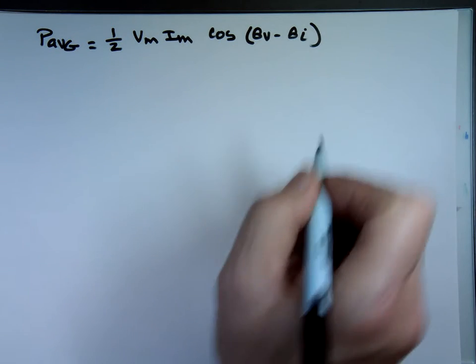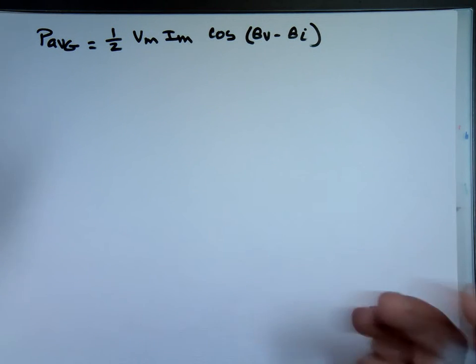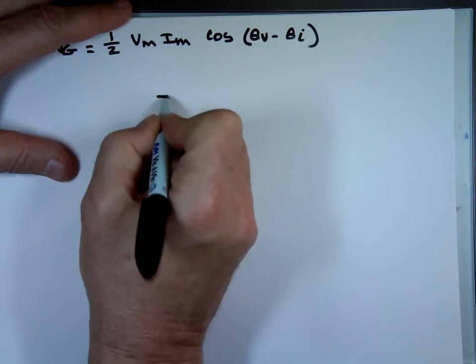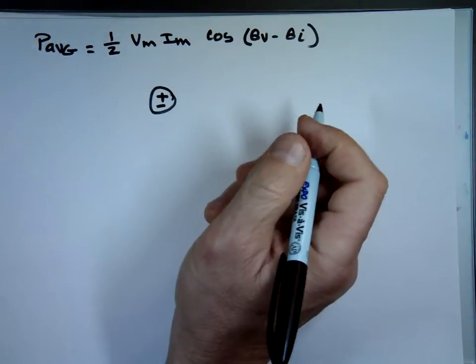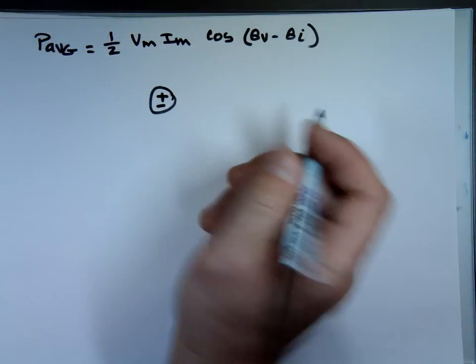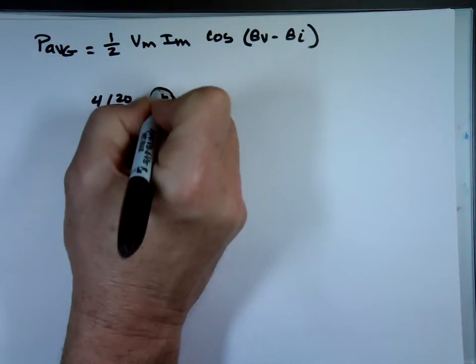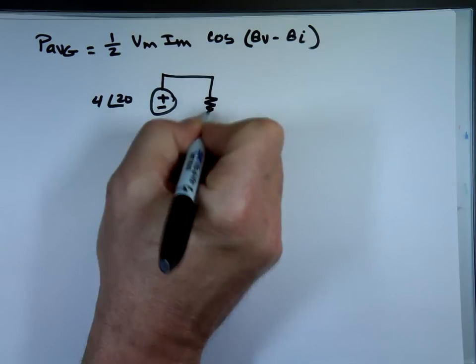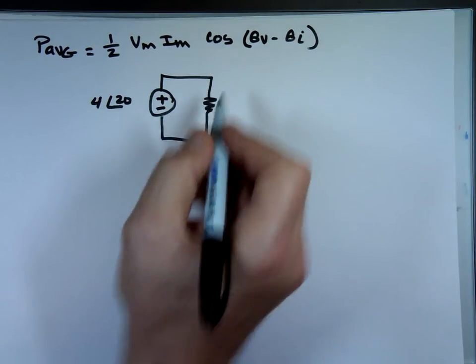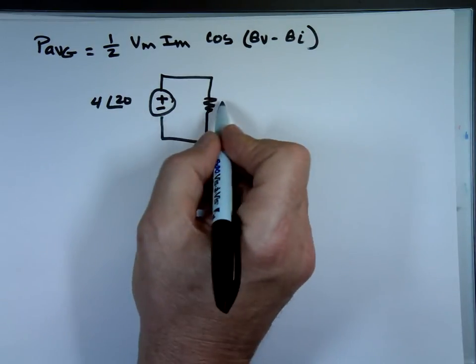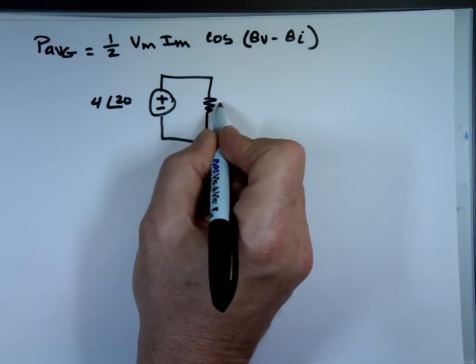Pick a value for a voltage source in phasor. Just give me a value in phasor. 4 angle 20. Good, 4 angle 20, Joe. There we go. Take a resistor. Pick a value, resistor. Let's say 2 ohms. Make life easy.